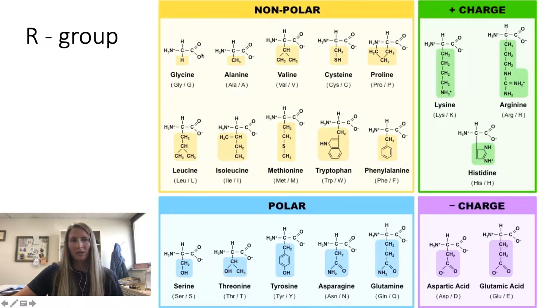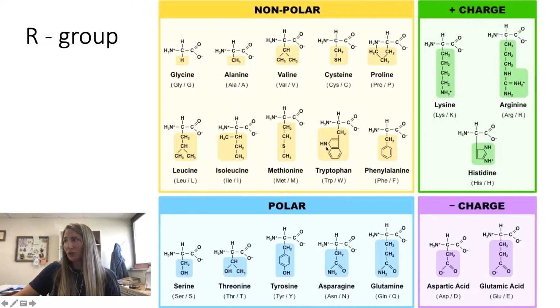It's still representative of a carboxyl group. But glycine has this R group that's simply just an H. So glycine is the smallest molecular weighted amino acid because there's only an H. If we move to alanine, we see that there is a CH3 and there's another carbon associated with that central carbon. So these R groups can be very complex.